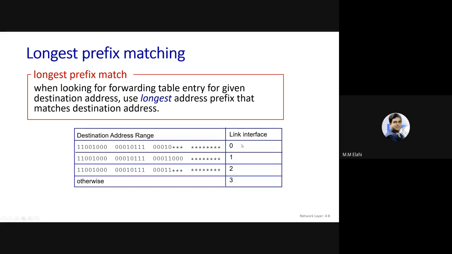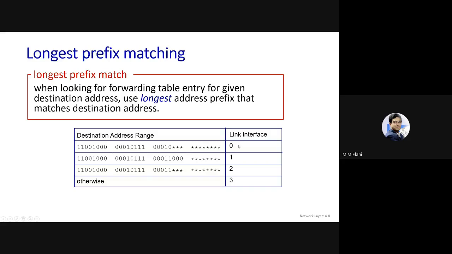So the router will take the packet and extract the destination IP. Any IP version 4 address is 32 bits. So it doesn't matter what is in the last 11 bits. The first 21 bits must match the first entry to forward the packet to link interface 0.